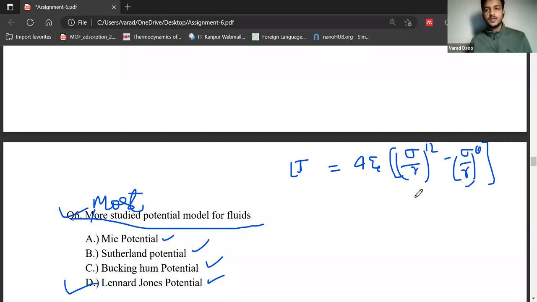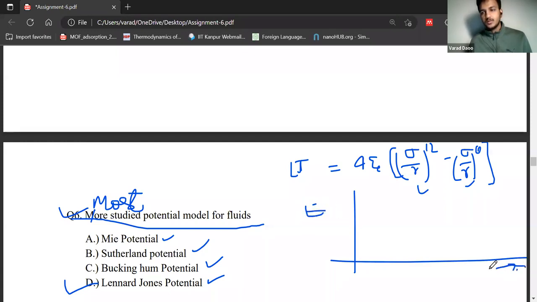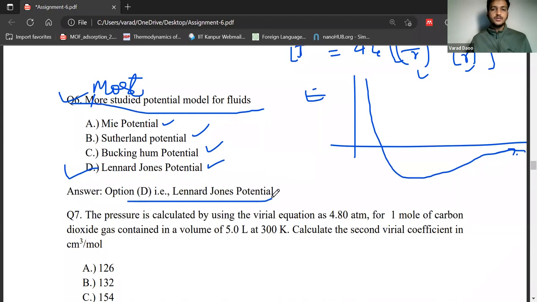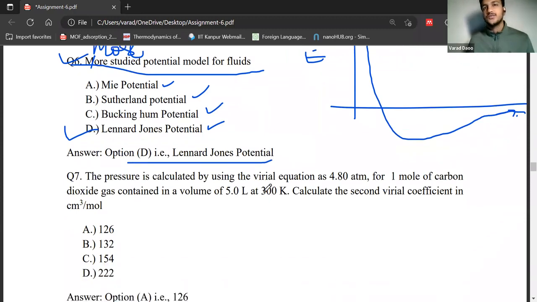This is the repulsive part, this is the attractive part, and when you plot energy versus distance, it will come out like this, right? Right answer is option D. So we'll move on to the next question if nobody has any doubt.